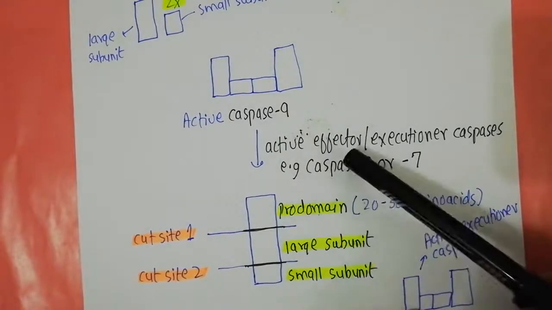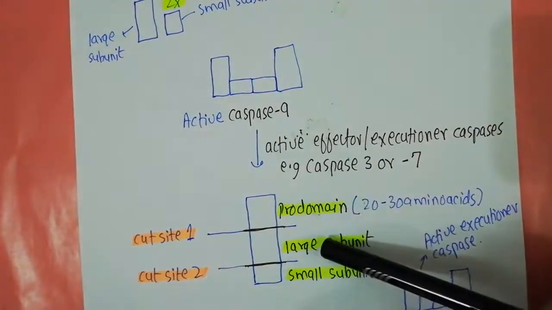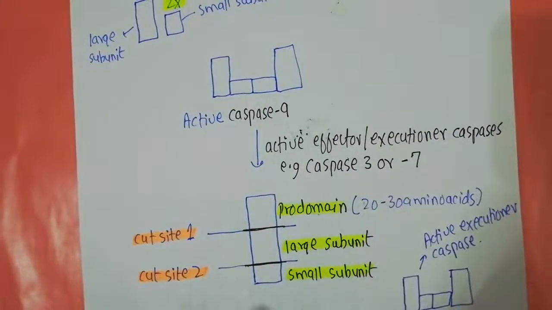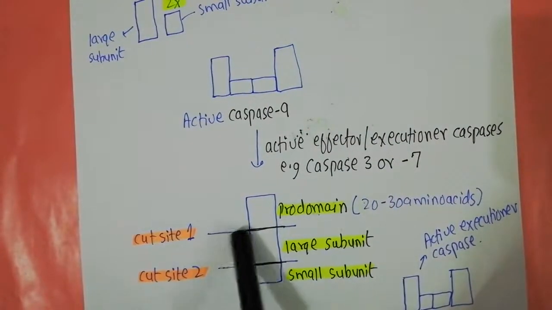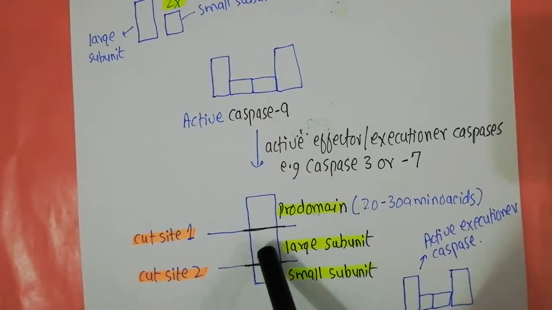These executioner or the effector caspases again have three domains: the pro domain, the large subunit, and the small subunit. And the active caspase 9 makes cuts at two sites, one at the intersection of the pro domain and the large subunit, and one at the intersection of the large and the small subunit, thereby separating the large and the small subunit from each other.